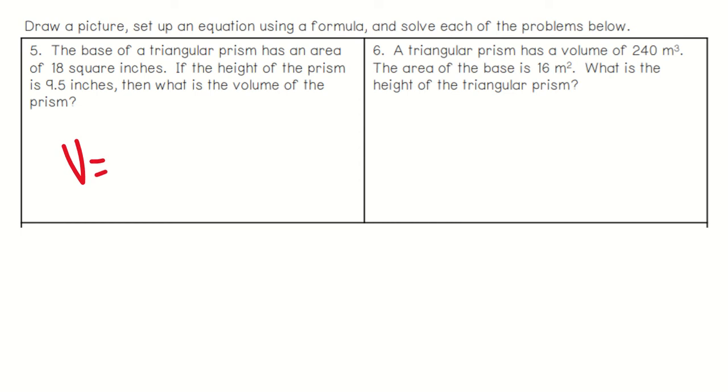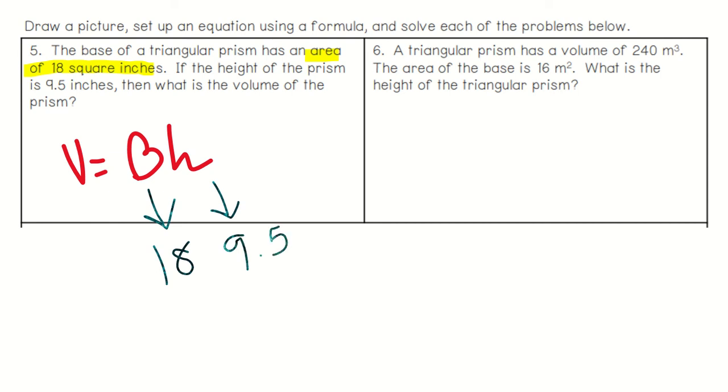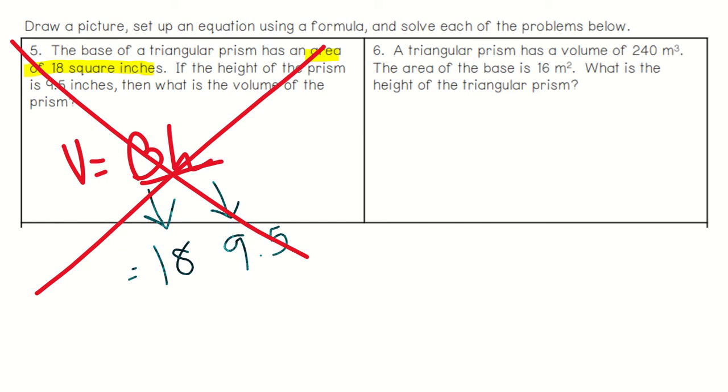Here sounds like we're going to be using volume equals big B times H because they've given us the area of the base. Actually, you know what? We're going to hold off on this type of question for today, working backwards. I'll see if this is absolutely necessary, and if so, we might do it on a follow-up day.